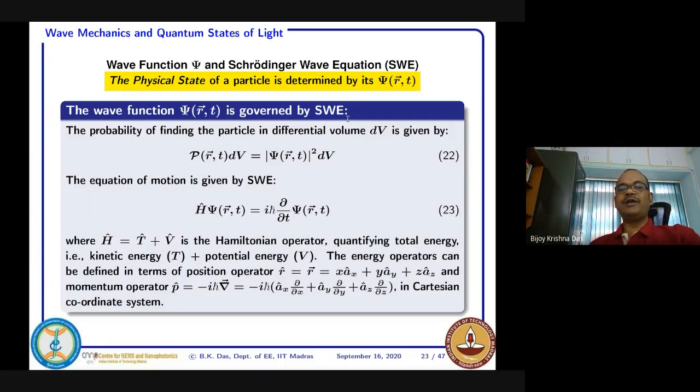Psi was introduced by Schrodinger himself, and he could derive the equation, but he could not properly interpret psi. It is a function, but what psi is and what it gives physically could not be explained. Many people questioned that, but he said that whatever is not explained is fine, but my equation is giving all the correct results.